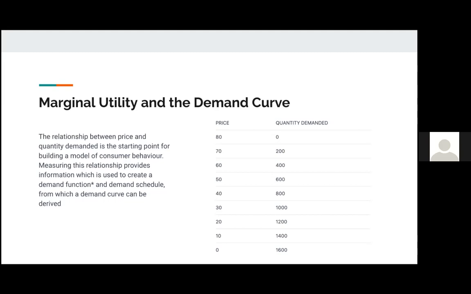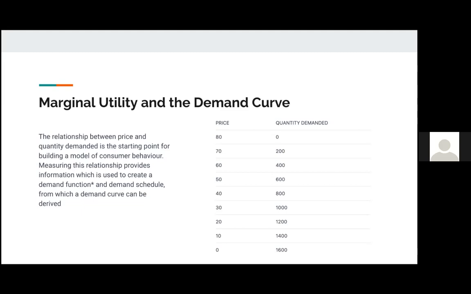So let's look at this table on the right-hand side. We can use gala again. When gala is 80 naira, people would demand none, because it's too expensive. Quantity demanded is 0. When it's 70 naira, they'll demand, say, 200 pieces of gala.